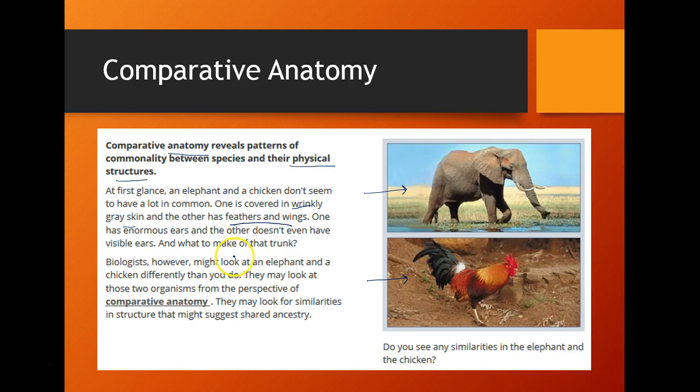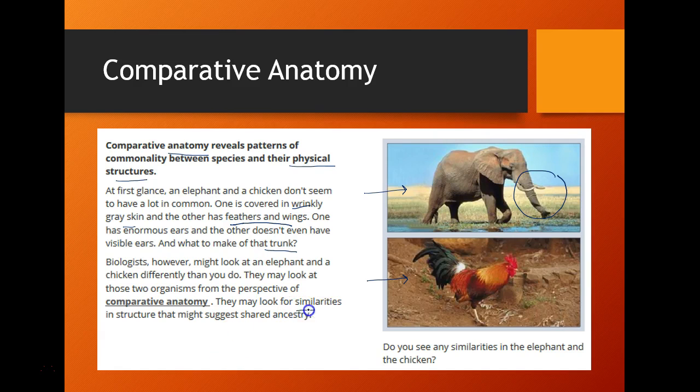Obviously very different. The elephant also has that really useful long and strong trunk, but the chicken doesn't have anything of that sort. However, biologists don't really just look at what they can see on the outside. They look at it a little bit more closely.